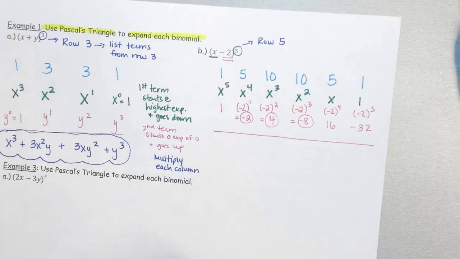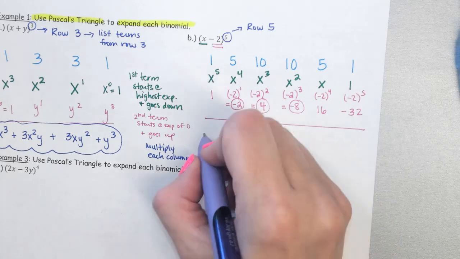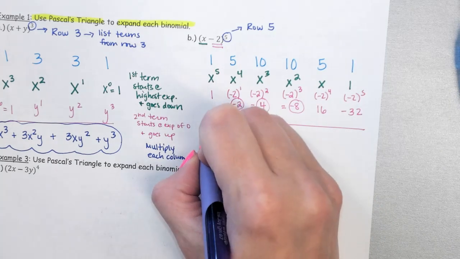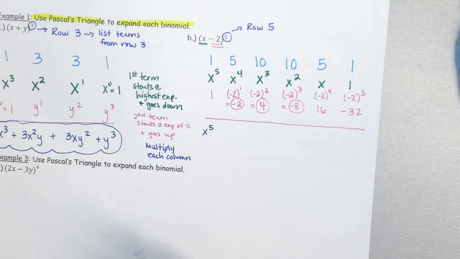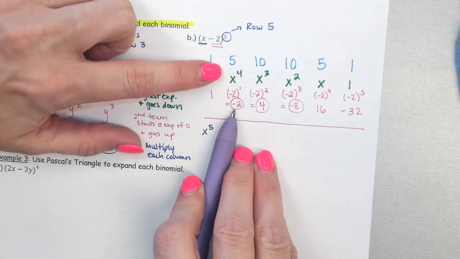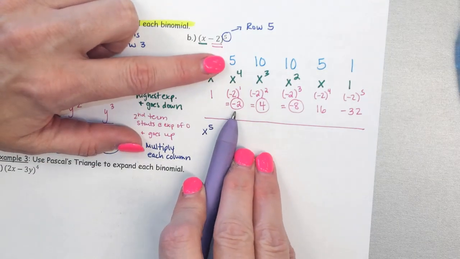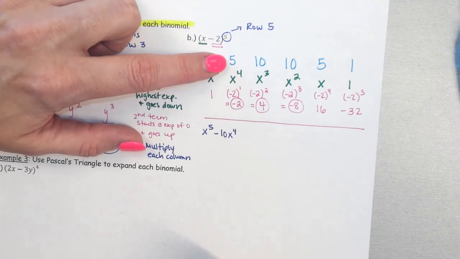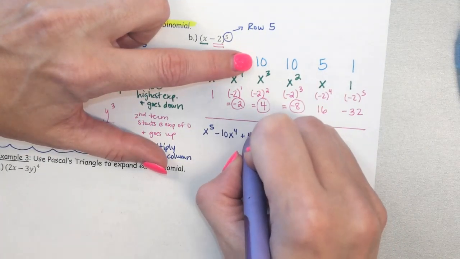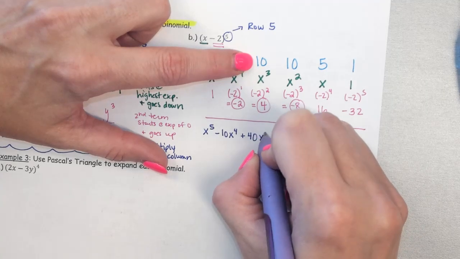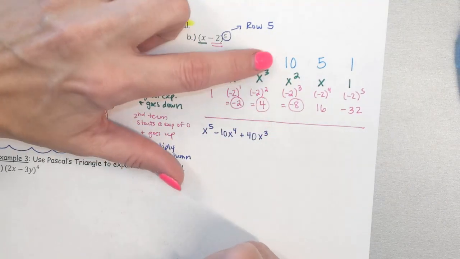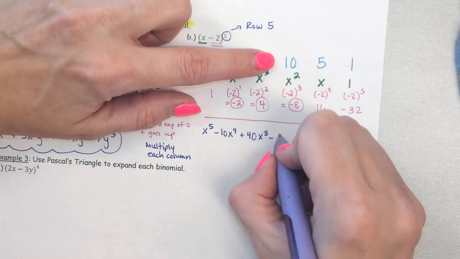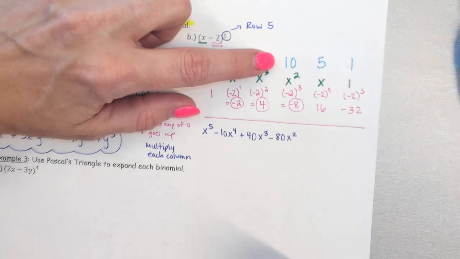So the first one's always the simplest. 1 times x to the 5th times 1 is x to the 5th. Okay, here, it's really not too bad. I like to circle it so I know what I'm multiplying. -2 times 5 is -10 x to the 4th. 4 times 10, 40. -8 times 10, -80.